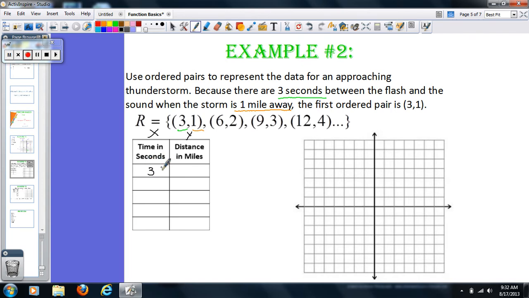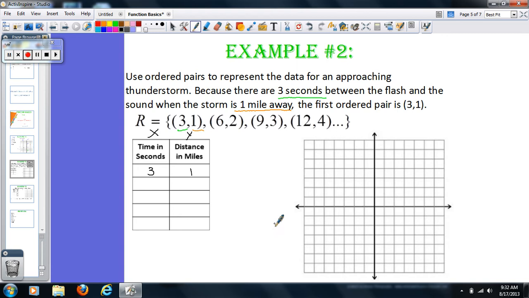Now, if the flash, and I misspoke myself, if there's 3 seconds between the flash and the sound, then the storm is 1 mile away. Okay?